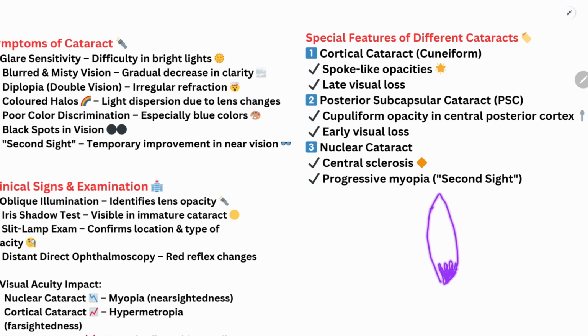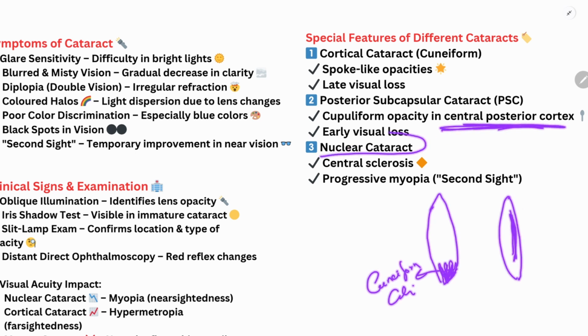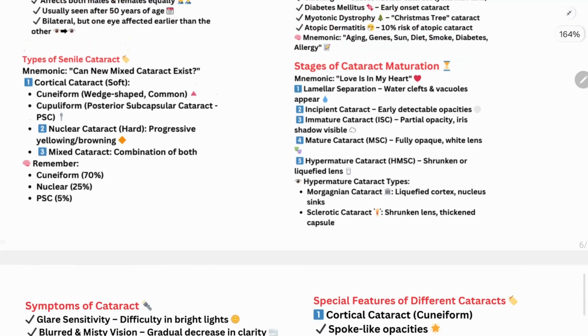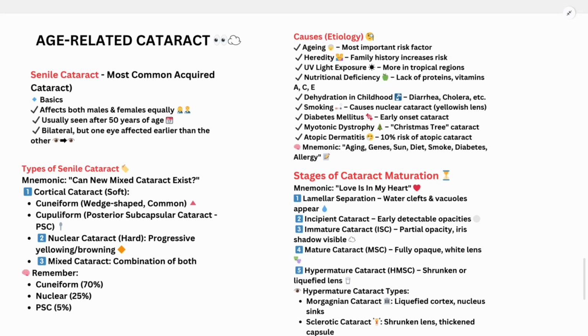This is called cuneiform cataract. Second one is cupuliform cataract, where the opacities are present in the central posterior cortex. And the next one is nuclear cataract, where you will see central sclerosis. So these are the important points that you must remember regarding age-related cataract.